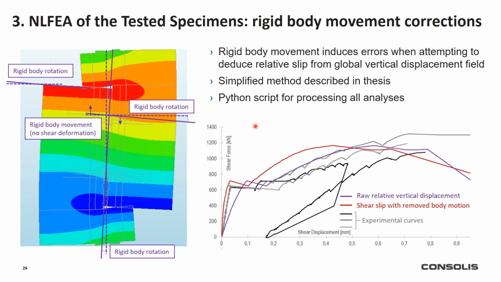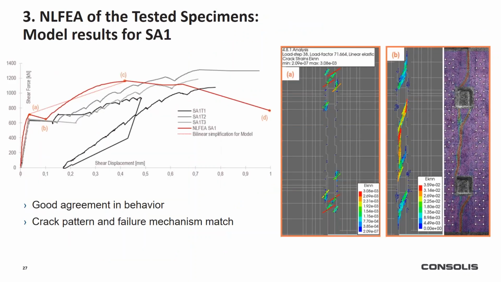And we can see here a comparison between the raw relative displacements extracted from these two control points and the post-processed curve. We had quite good agreement between the experimental results and the Diana results, the post-process curve.